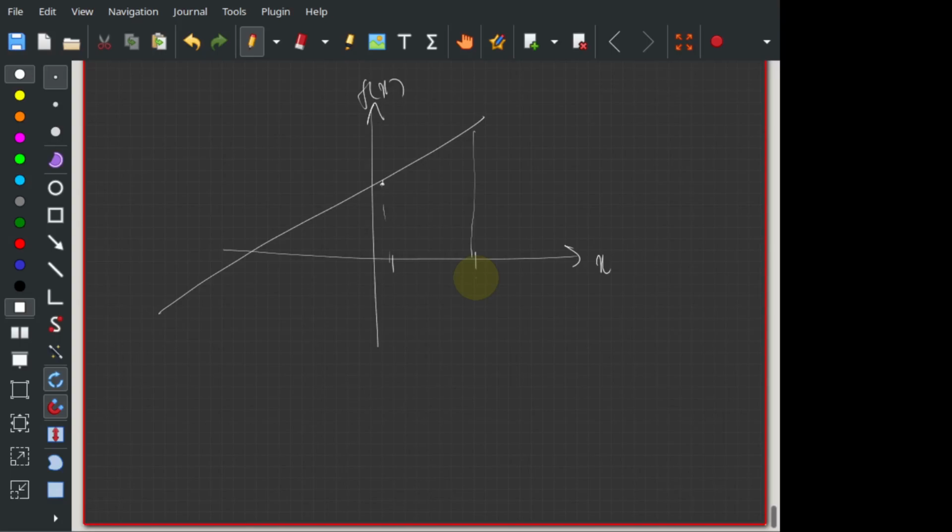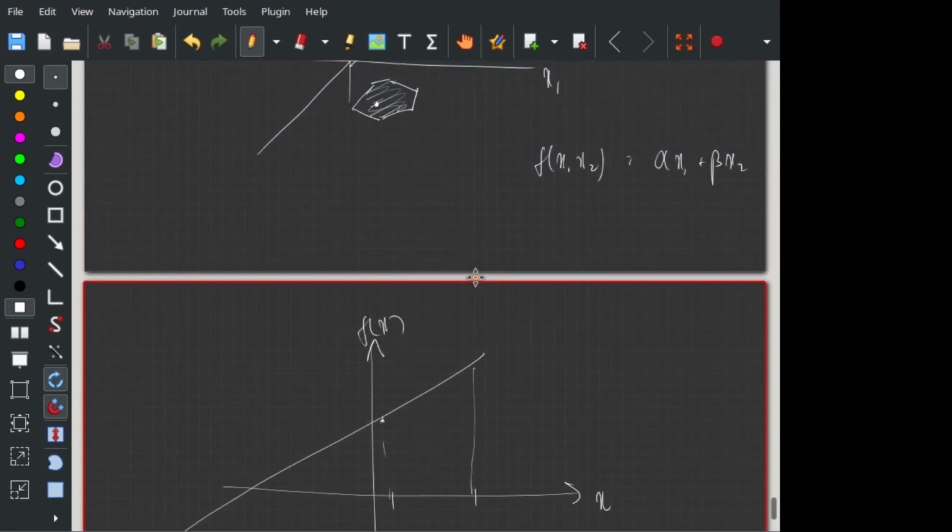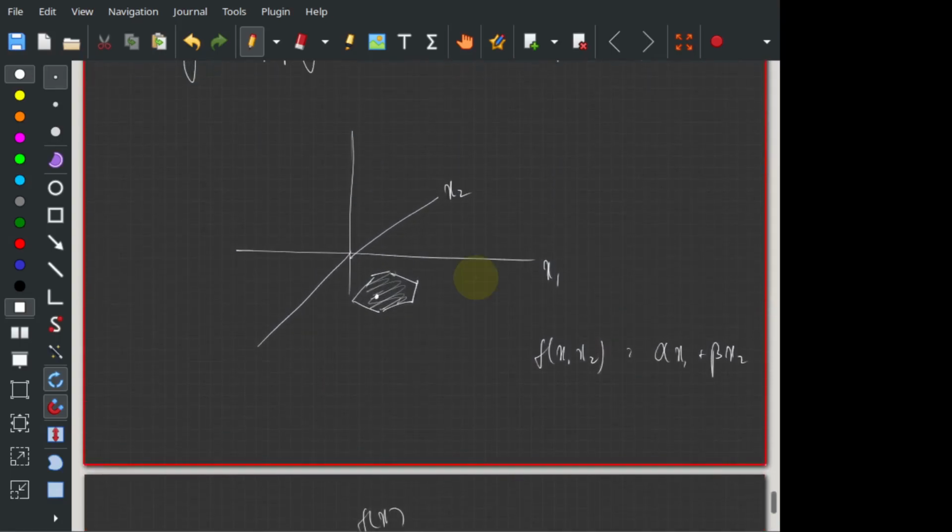And that holds true in higher dimensions as well, specifically for linear functions.